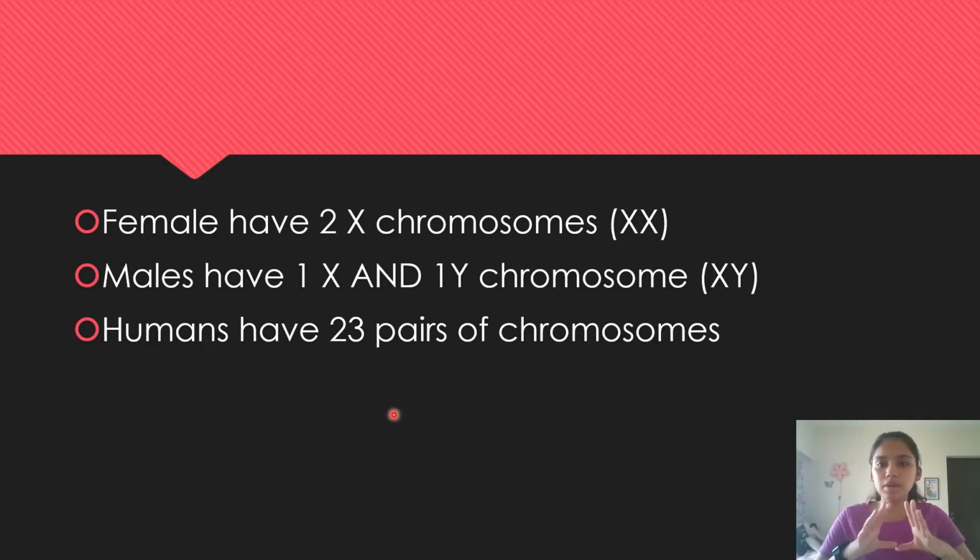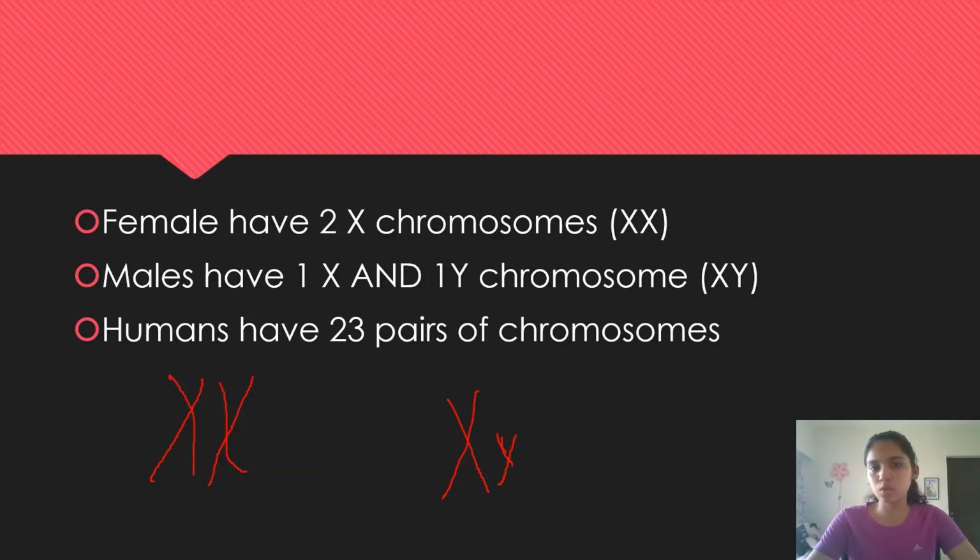Now, in this karyotype, you'll have one pair of chromosomes which is just sex chromosomes, okay? So females have two X chromosomes. I'm going to draw it out for you. They look like this, two long big ones. Whereas males have one X chromosome and one Y chromosome, like one big one and one small one.